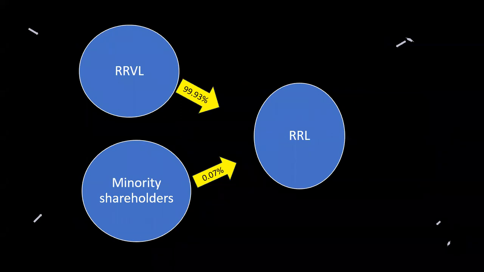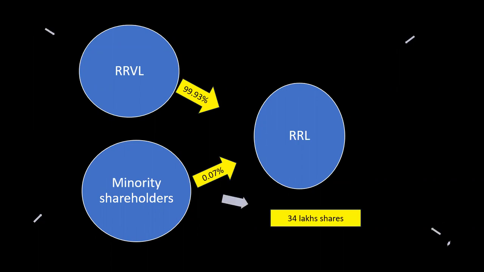So in Reliance Retail, RRVL holds 99.93%, and the other shareholders, let us give them a name, minority shareholders, hold 0.07%, so less than 1%. Approximately, these shareholders hold around 34 lakh shares.